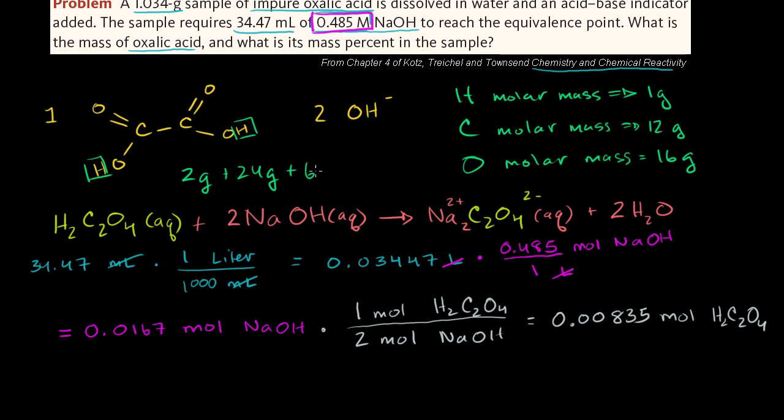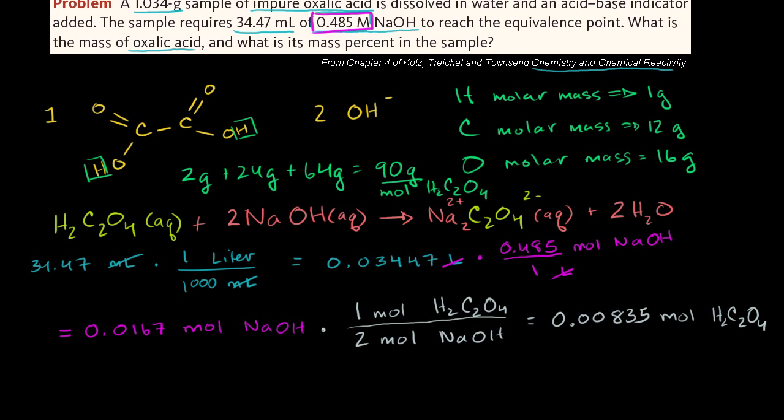So that's going to be plus 64. 24 plus 64 is 88. 88 plus 2 more is 90 grams. So if you had a mole of oxalic acid, it would be 90 grams. So we could say 90 grams per mole of H2C2O4.